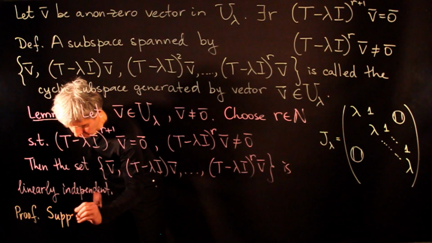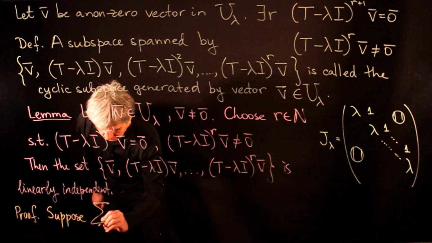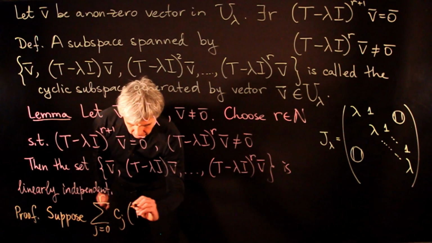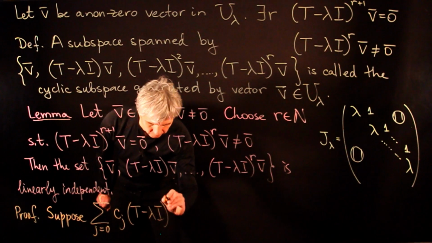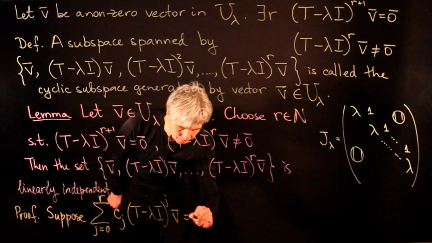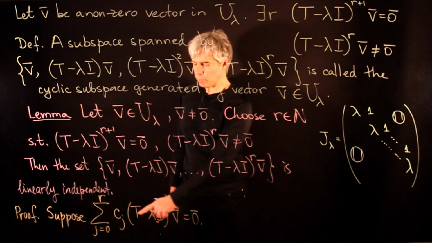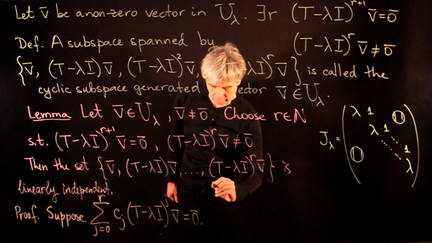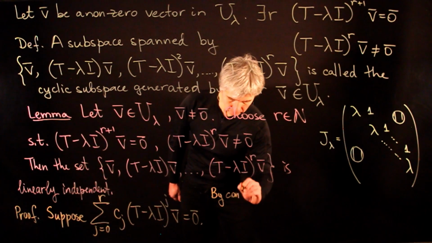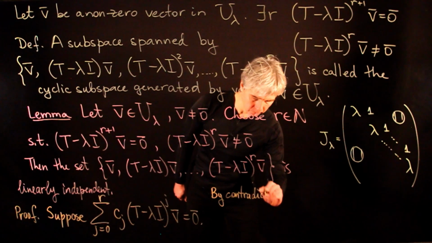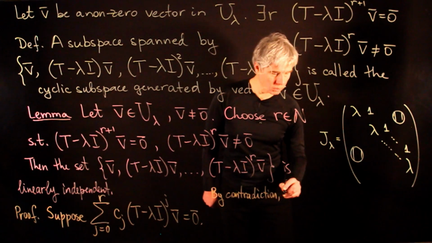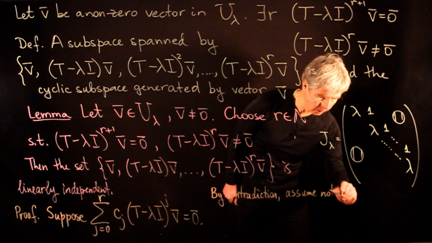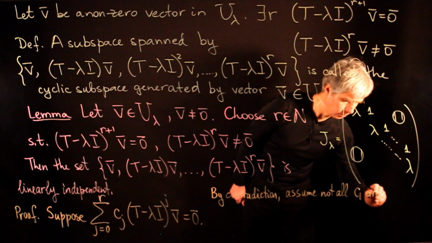So suppose the sum, j goes from 0 to r, c_j (T minus lambda I) to the power of j acting on v is equal to a 0 vector. We need to prove that all coefficients are equal to 0. We are going to reason by contradiction, and we are going to assume not all c_i's are 0.